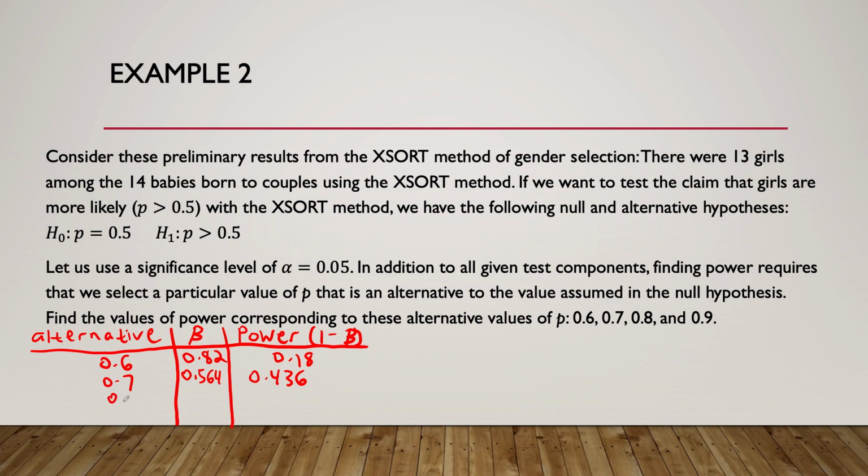For an alternative of 0.8, beta is 0.227, and the power is 0.773, and the alternative of 0.9, beta is 0.012, and the power is 0.988. Again, notice how there's different values of the power based upon the alternative, which influences beta, and in turn influences the power.